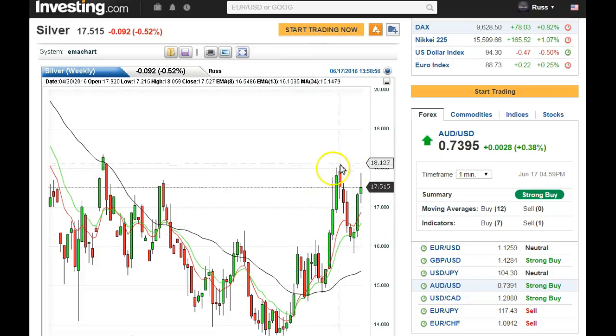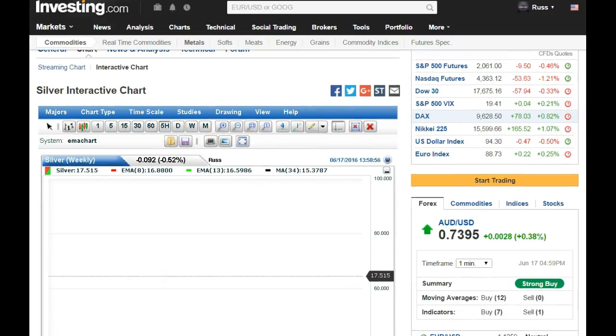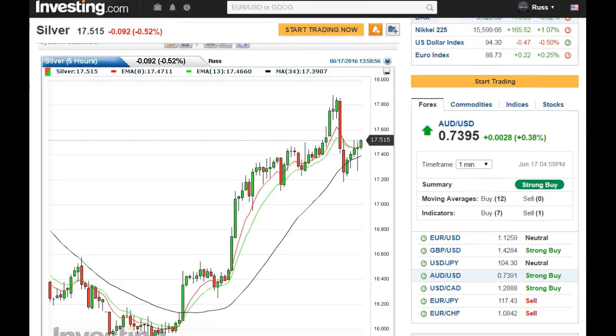Otherwise, it's going to stay on this pattern. Going on a shorter term, 5-hour chart, you can see the bounce and the continuation, closing above previous high. So that's nice. It's doing that same bending.